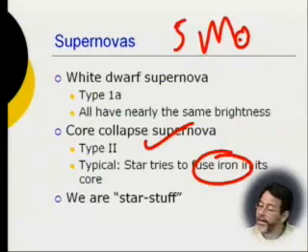And then you contract and you try to fuse iron. But the problem with that is iron is, in some sense, the most dense nucleus. If you fuse iron, you're not going to get energy out of it. It becomes endothermic. It takes energy to fuse iron. It doesn't give energy. So when that happens, you get an energy sink, and the core keeps collapsing instead of providing enough energy and pressure to hold up the star.